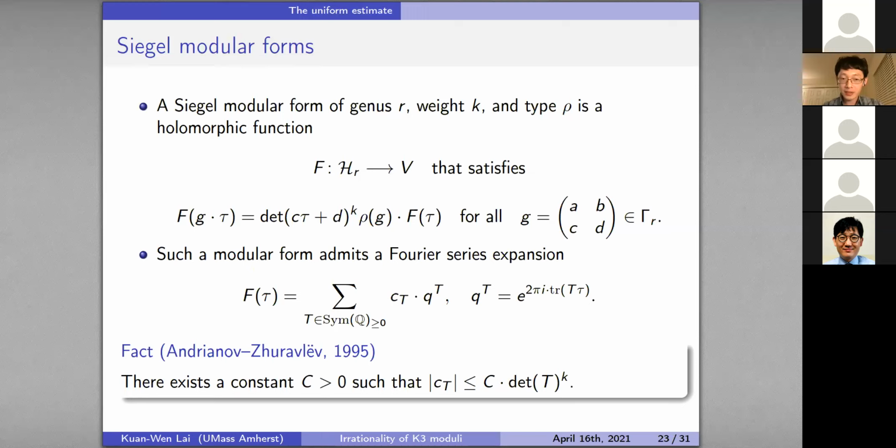So there exists a constant C such that the coefficients in this Fourier series expansion are bounded by C times the determinant of T to the power k. Remember k is the weight. This is enough for us to do our estimation.